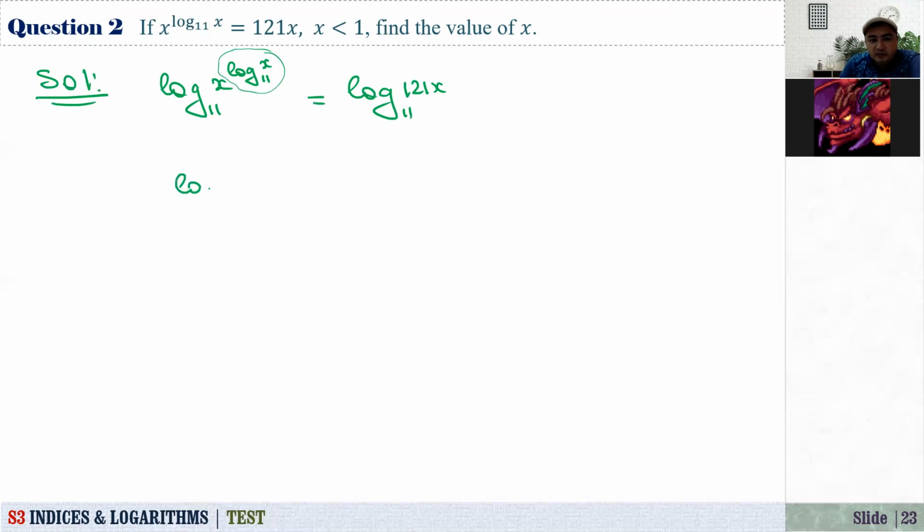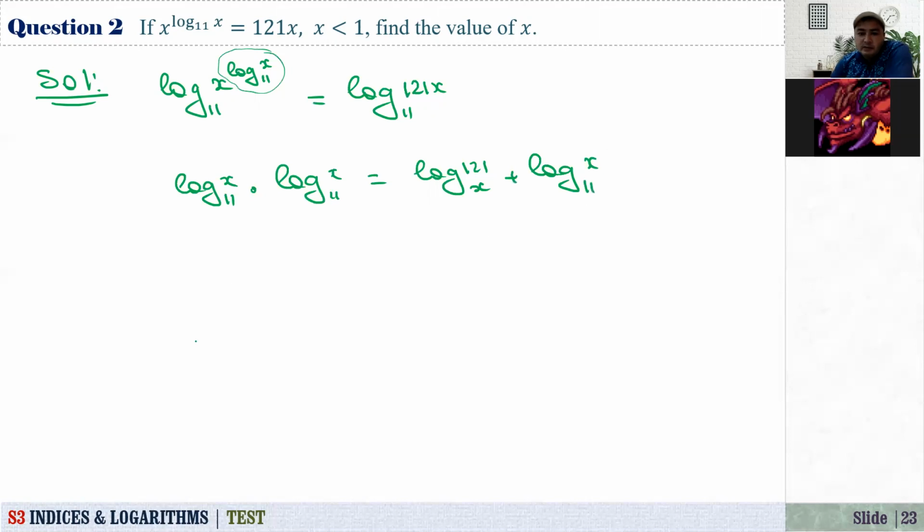So here we have log x to the base of 11 times log x to the base of 11. But on the right-hand side, I can write it as log 121 to the base 11 plus log x to the base 11.